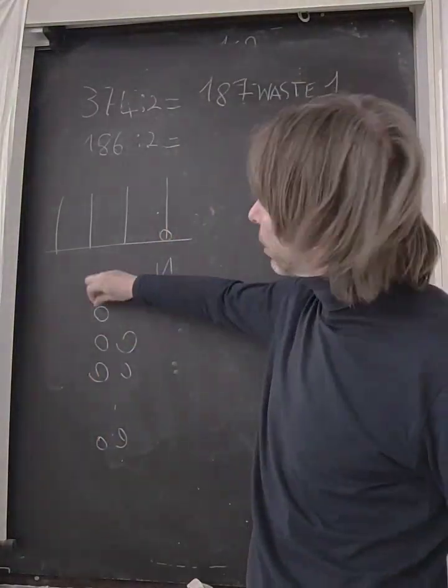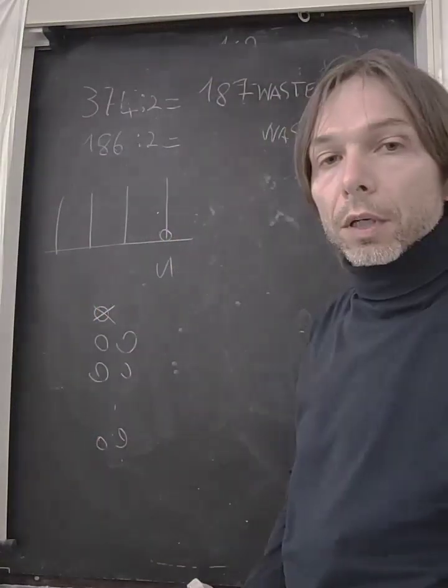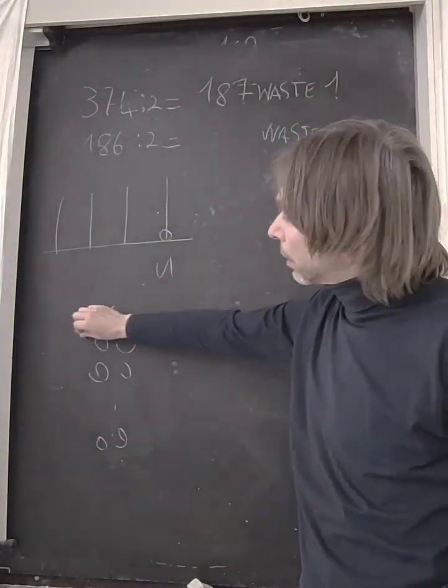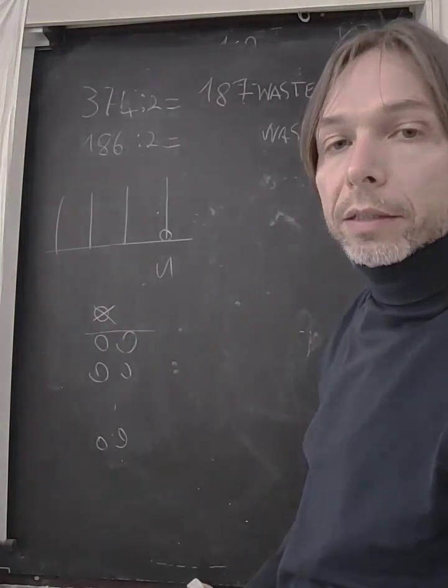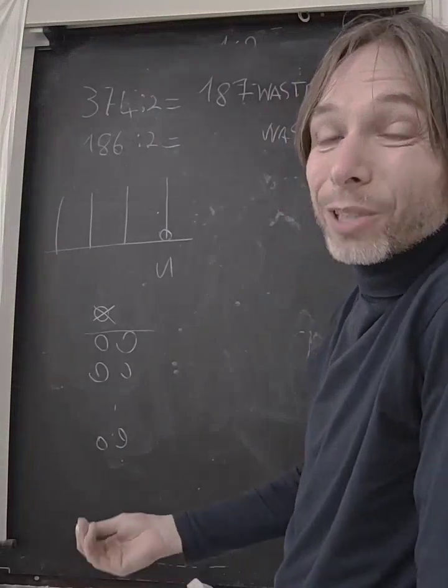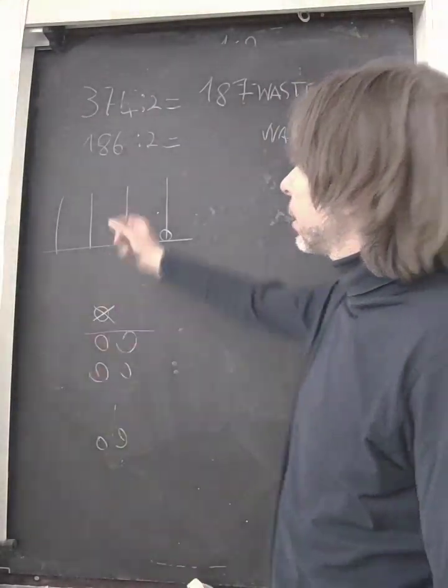I know it's odd, so I take off the last ball and I say that I have a waste of 1. Then it remains an even number, which is easy to divide by 2.